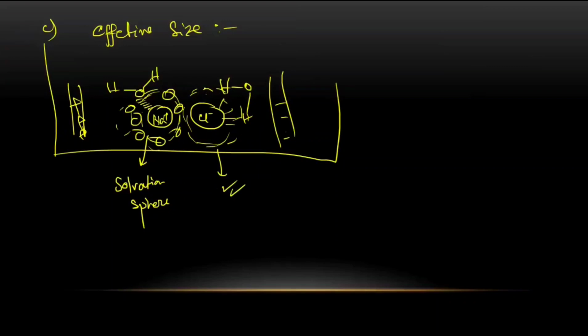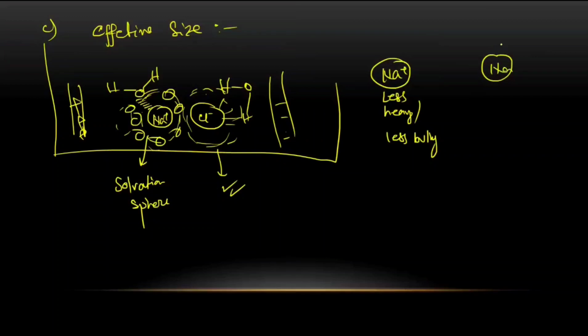Now what will happen? If it was only Na plus, only Cl minus, then what would happen to conductance? If there is only Na plus, then it is less heavy or less bulky, right?